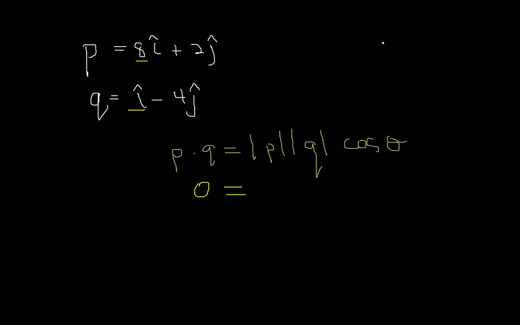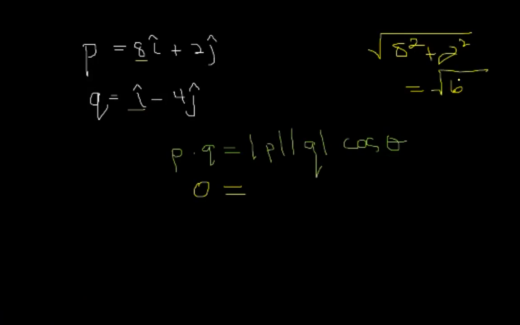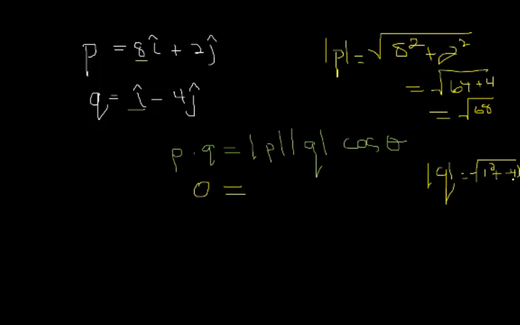So the modulus of p would be the square root of 8 squared plus 2 squared, which is equal to the square root of 64 plus 4, square root of 68. All right, so that's the modulus of p. Q, let me just flip it to the side here, would be the square root of 1 squared plus minus 4 squared.